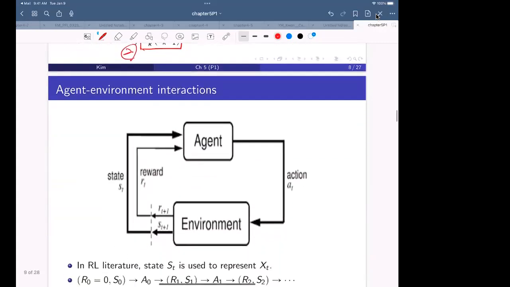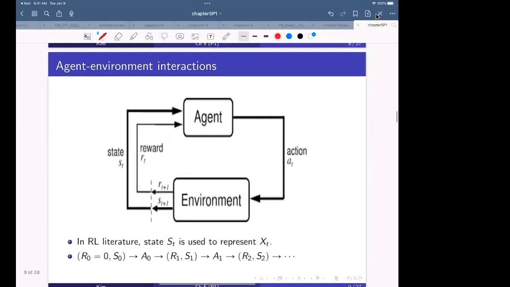Actually, that is something called agent-environment interaction. The agent is a doctor, and the environment is the patient, in the DTR context. The agent chooses an action: the doctor gives a prescription.